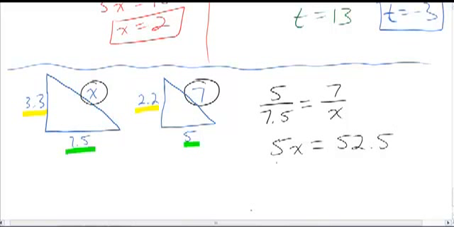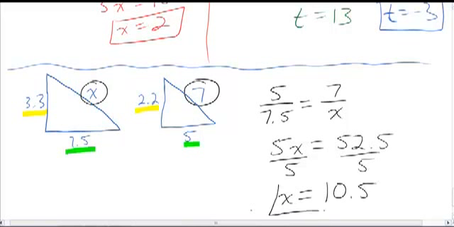Yeah, it's 52.5. And then we divide by 5, and we get x equals 10.5. And that is the right answer. Also notice that all of the side lengths over here on this left triangle are 1.5 times the side lengths on the right triangle. Okay, so that's a proportion.